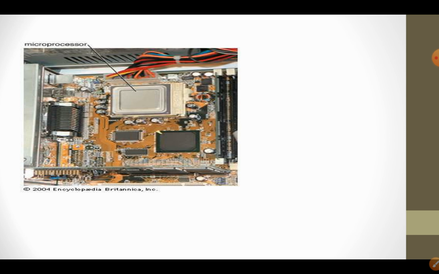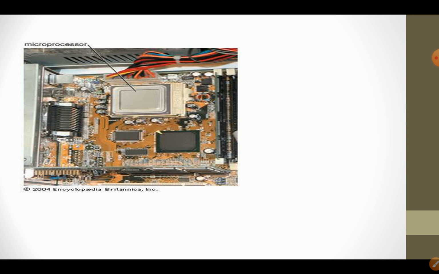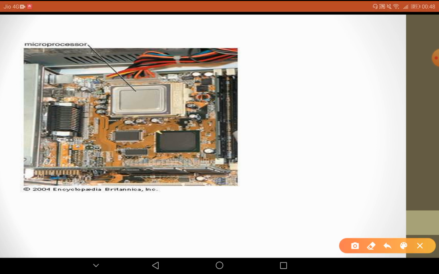Okay, the right answer will be microprocessor. So in modern computers, the CPU is contained on an integrated circuit chip called a microprocessor. You can see in the picture that this is a microprocessor and the entire CPU is stored in this chip.